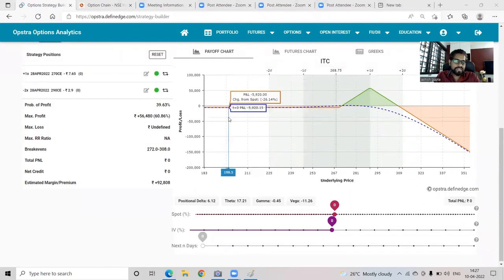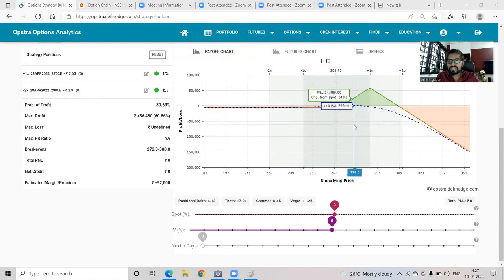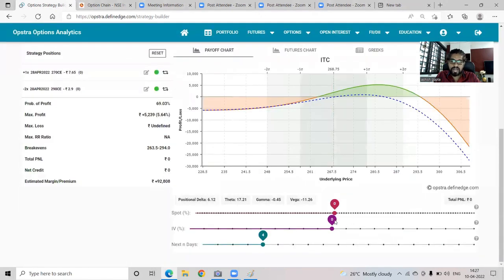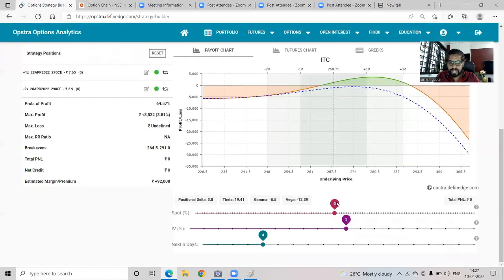Obviously, you will have to size your position accordingly, for what happens if it opens at a circuit filter, or if it goes 10% higher from here in maybe the next 2-3 days. Let's say in the next 4 days, there will be an IV increase, of course, if it moves 10% higher.